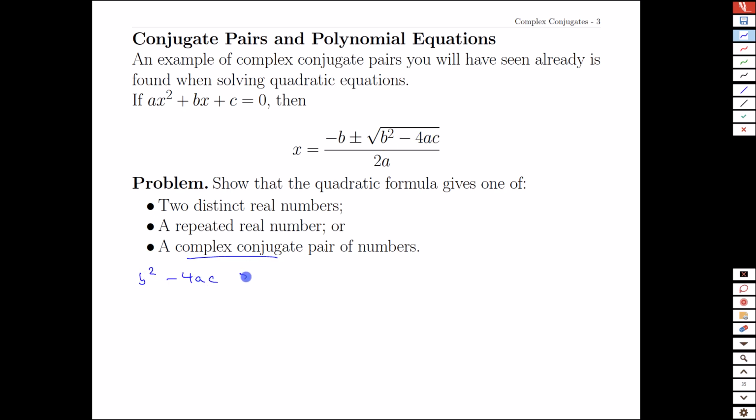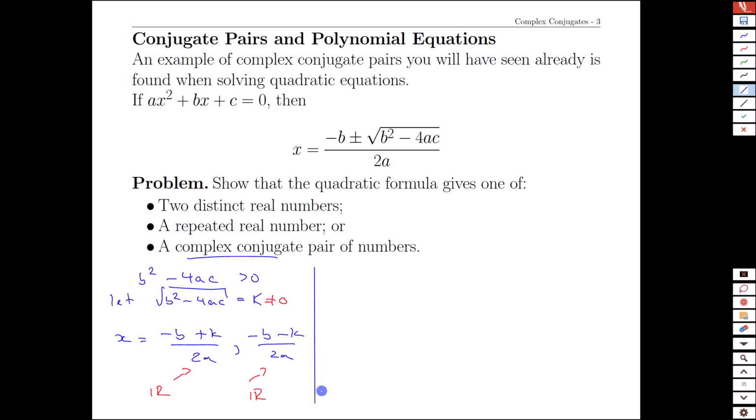If it is positive, then what we get is the square root of some real number. So we can say let the square root of b squared minus 4ac equal some number, let's call it k. Then x is equal to minus b plus k over 2a and minus b minus k over 2a. This is in the reals. These are real numbers, and they're different because k is not equal to 0.